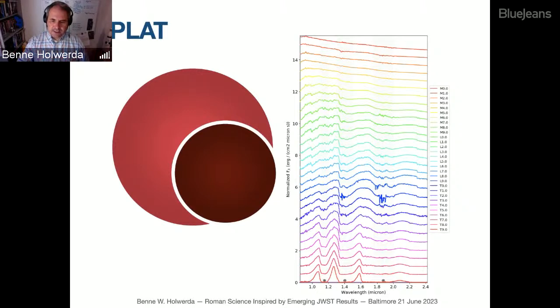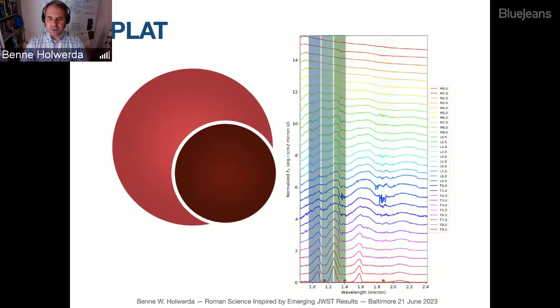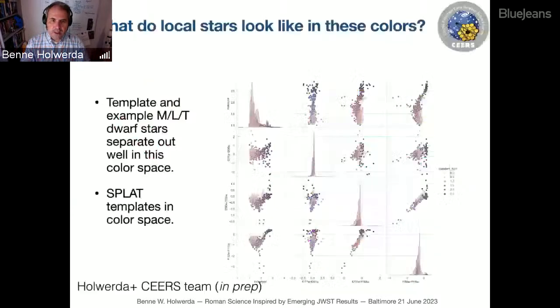You essentially take all the possible types here, and you just put down the filters and see what the broad colors look like. And as you can see, there are big absorption features at the latest types. These features are big enough to actually start affecting the filters, the colors.